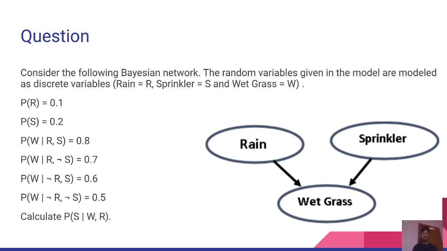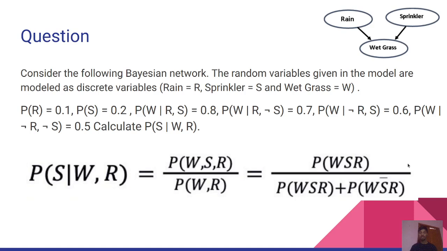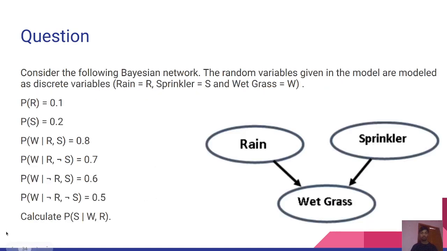So basically here we are given W, we already know that the grass is wet, and we already know that there is rain. So what is the probability that the sprinkler was also on? We know these two conditions, and we have to find S equal to true given W equal to true and R equal to true.